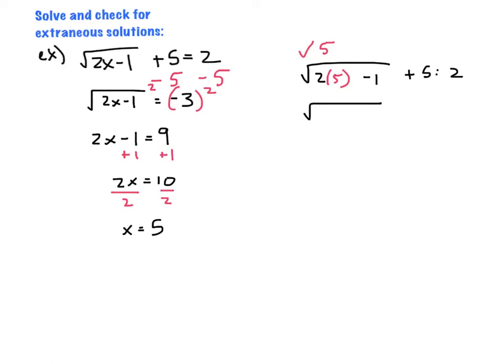Well, 2 times 5 is 10, minus 1 is 9, so the square root of 9 is 3, plus 5, so this is 8 equals 2. That's not true. So I got a false statement. That means that this 5 is extraneous.